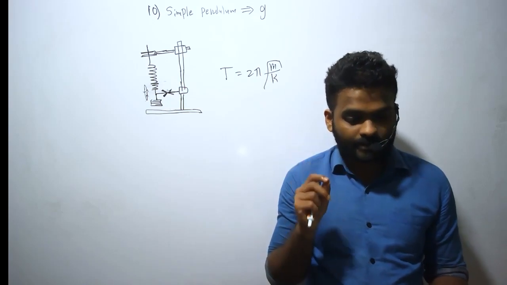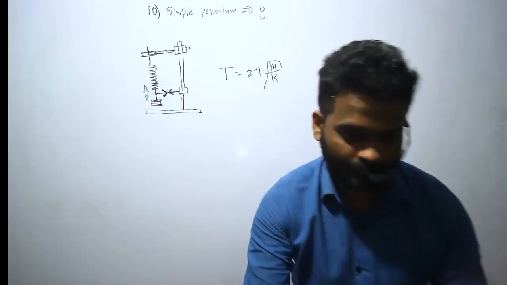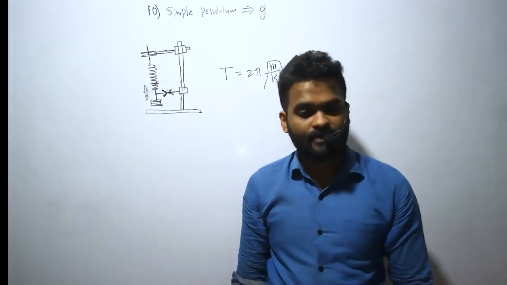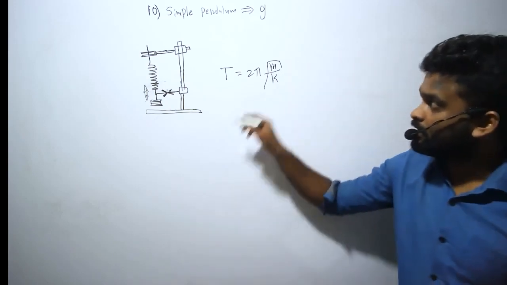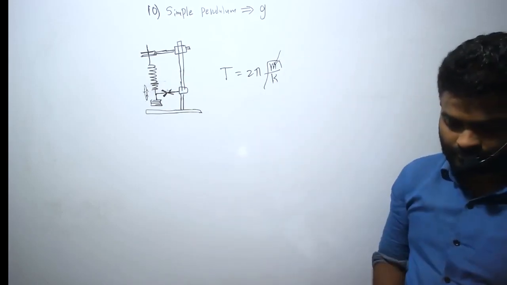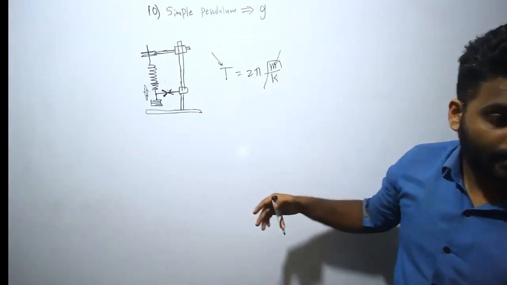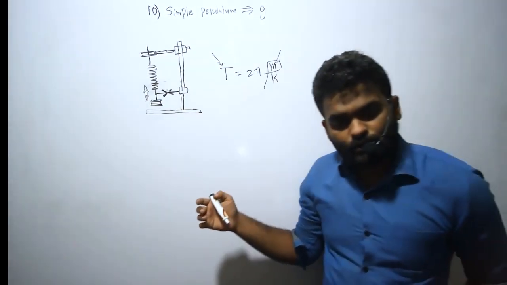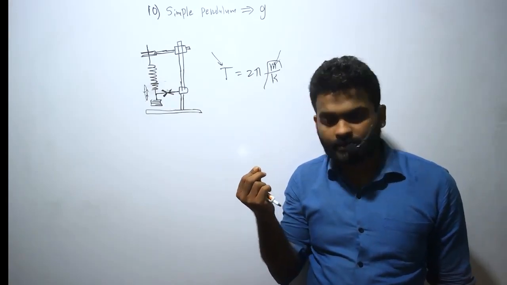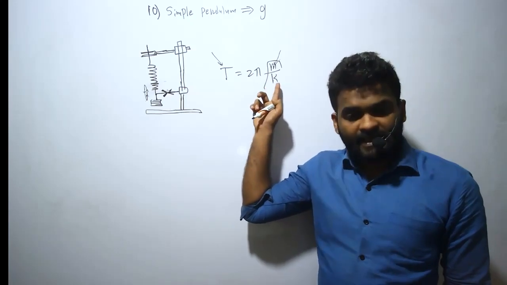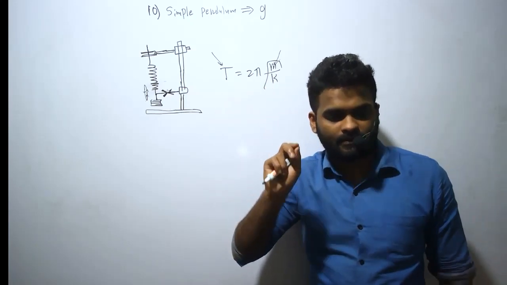So if you read the title carefully, what do you say? Verification of relationship between mass of a body, that is m, and time period. So the target of this experiment is what? To say that this equation is right.